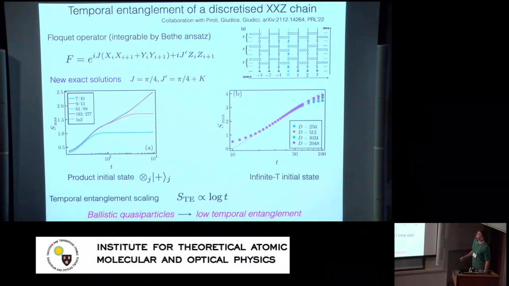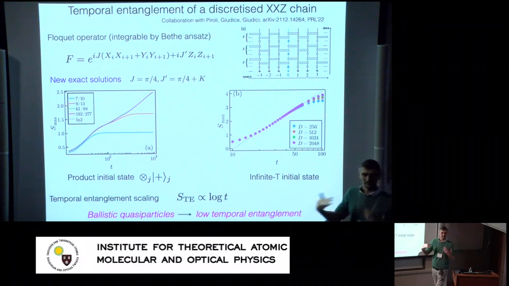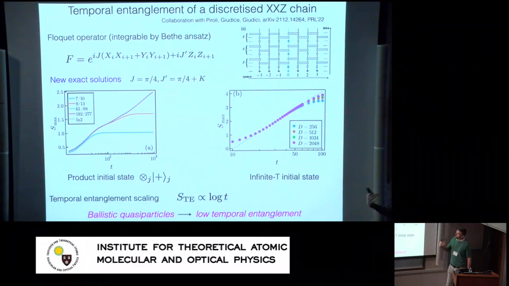A more interesting example is the discretized XXZ chain, which is interacting but integrable by Bethe ansatz. In this case, there are also some exact solutions that we found, and more generally, numerically, you find that temporal entanglement scales logarithmically with time.